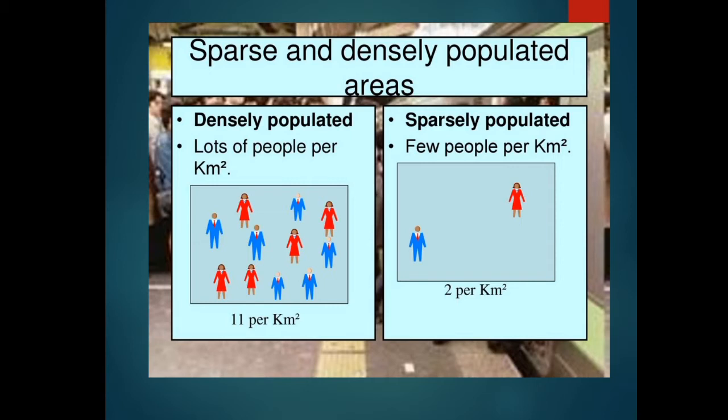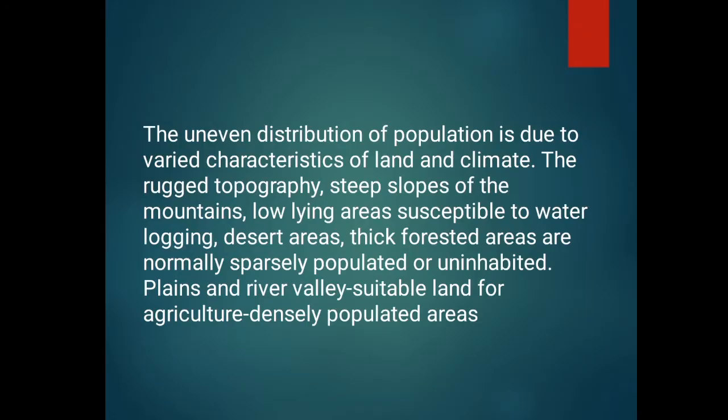Now you will get another doubt. Why are there more people in some places, fewer in some places, and none in others? Because of the varied characteristics of land and climate. Rough topography, the physical factors and facilities of the land, steep slopes of mountains, and low-lying areas.